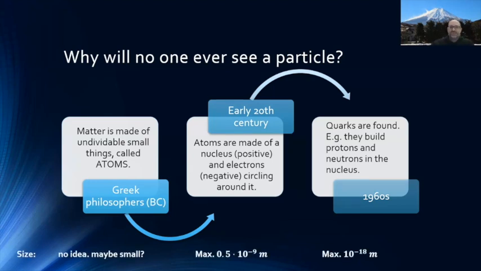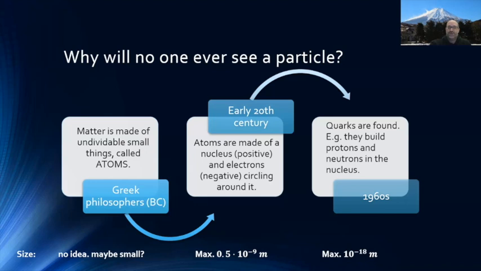When we talk about the size, well, the Greeks may say small. In the early 20th century, they were at a scale of 0.5 times 10 to the power of minus 9 meters. And in the 1960s, they found it's much, much smaller. We talk about 10 to the power of minus 18 meters. So how can you see such small things?